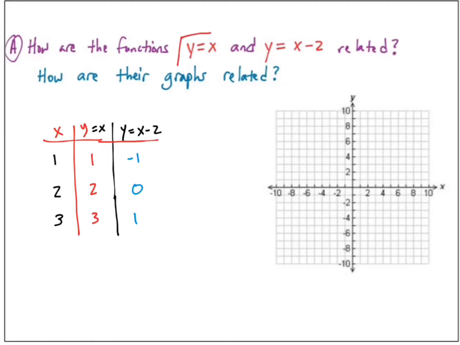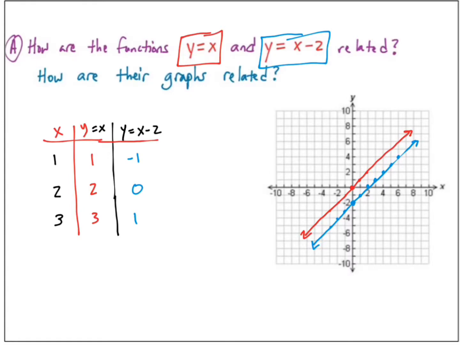We'll go ahead and graph y equals x in red. Start at 0, 0. We'll apply our slope, 1 over 1, and do this until we have enough points. Then we're going to graph y equals x minus 2 in blue. Start at -2. Our slope is the same. And we should notice a difference here.